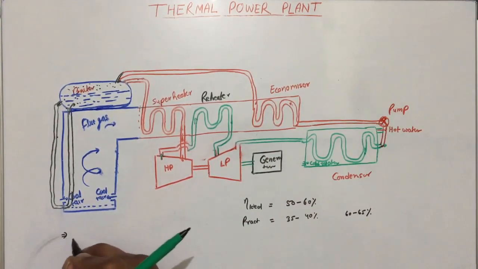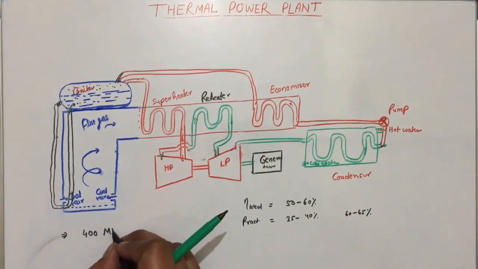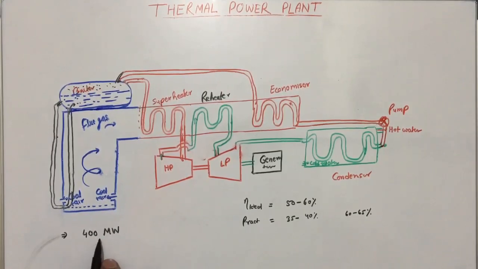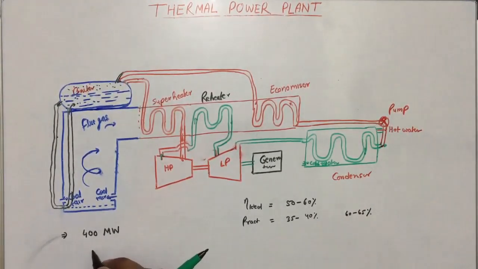Consider a thermal power plant that has to generate the power of 400 megawatt. Consider Kasimpur thermal power plant. It has to generate 400 megawatt power, and that is around 35 to 40% only. Consider 40%. In that case, 60% is loss, only 40% is this. So that will be 400 x 40% is only 400. So x should be 400 into 100 divided by 40.